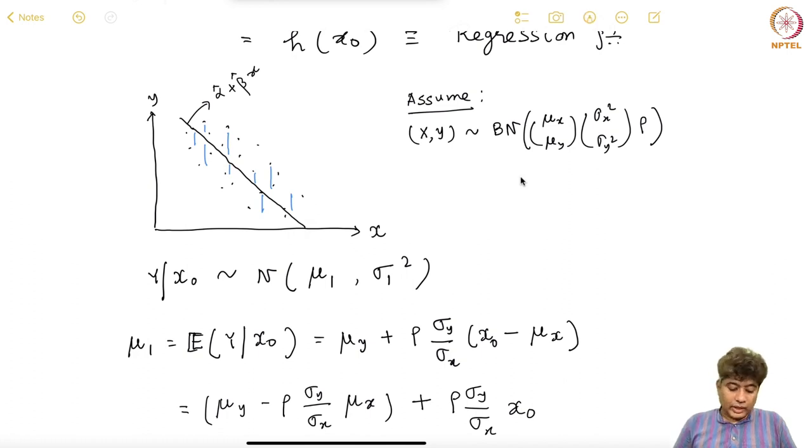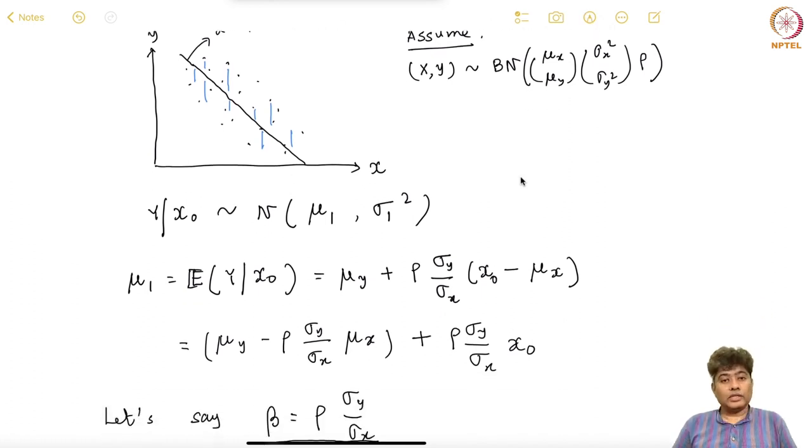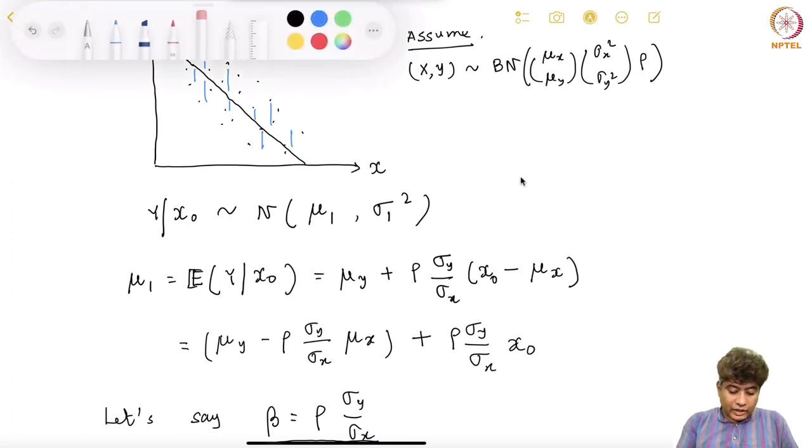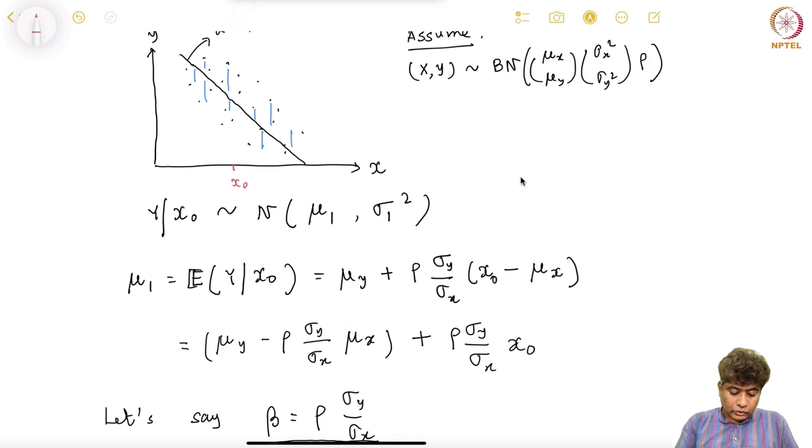Now, how can we calculate these residuals? They will give us an idea of how much variability we can expect from our expected conditional expectation. Because if I have, say, x naught here, the line will tell me that this is the expected y naught.